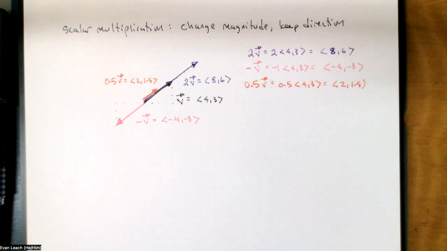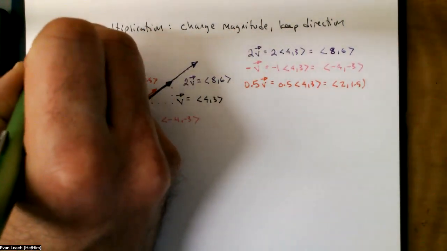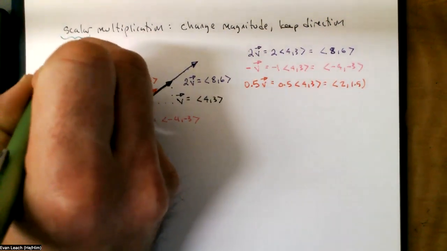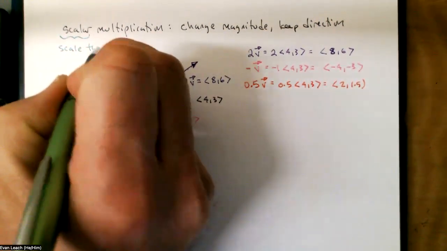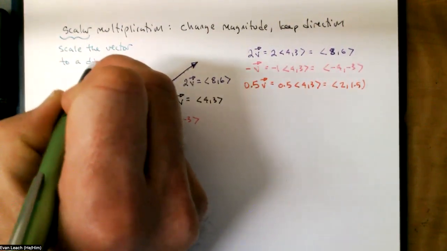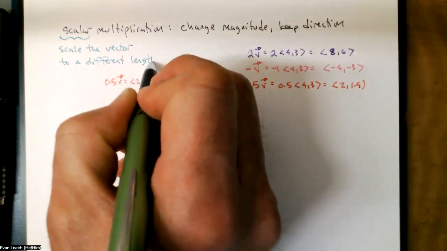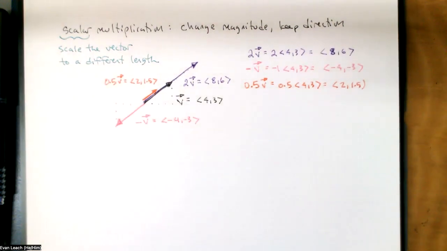It just scales the vector to whatever length we want. That's the first operation that we learned about with vectors.